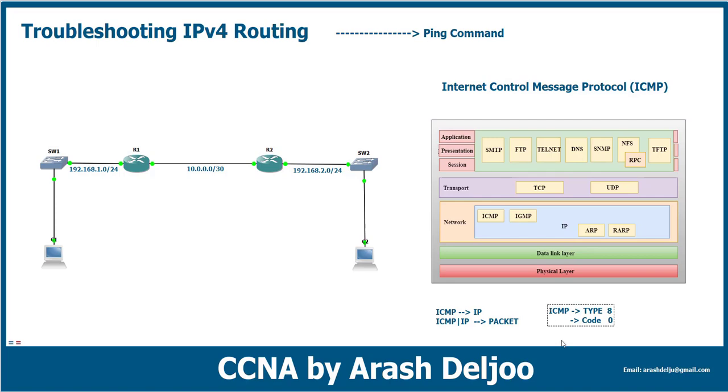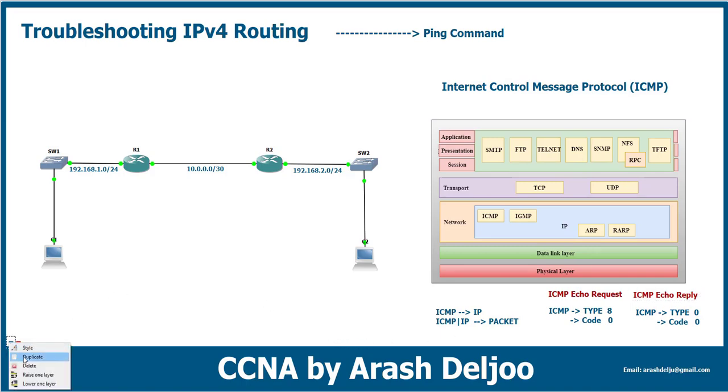Because of that, we know that ICMP type 8 code 0 is the ICMP echo request message, and also ICMP type 0 with code 0 in IPv4 is the ICMP echo reply. You know the function of the ICMP echo request and ICMP echo reply.